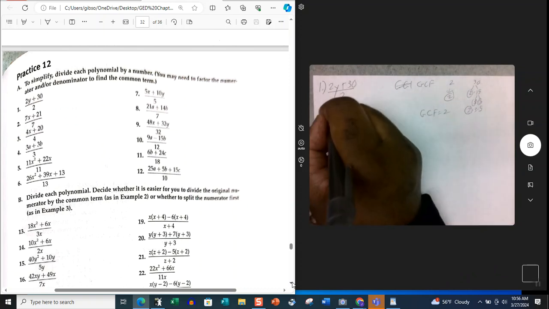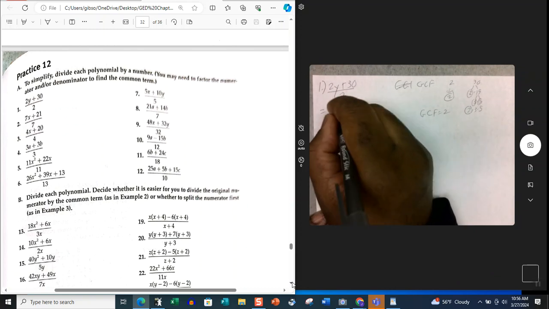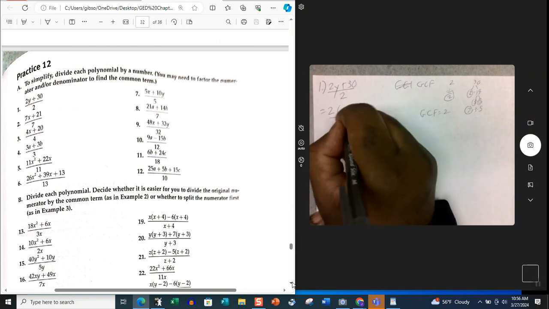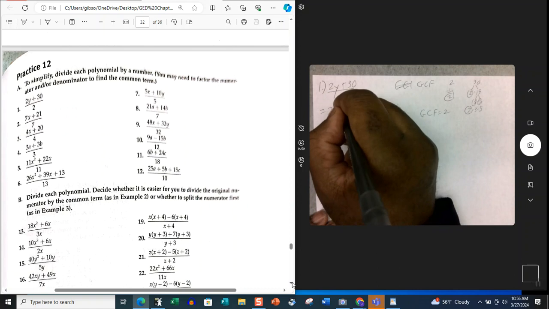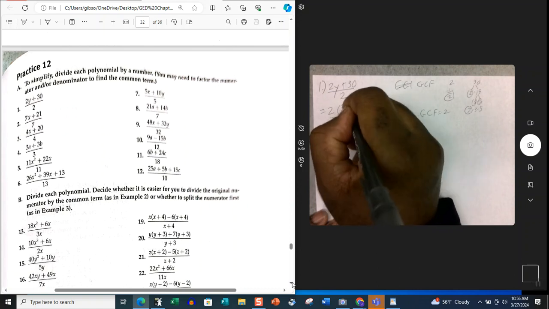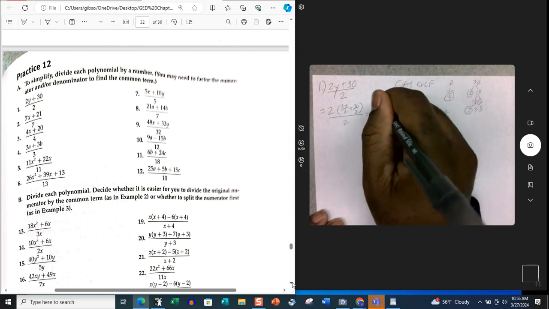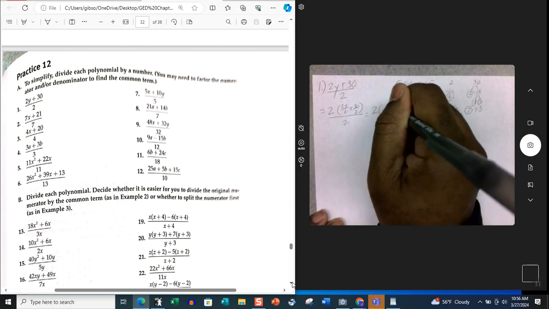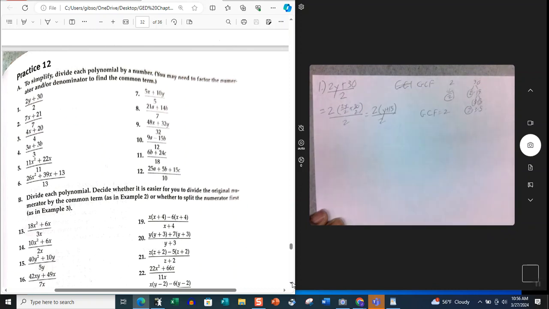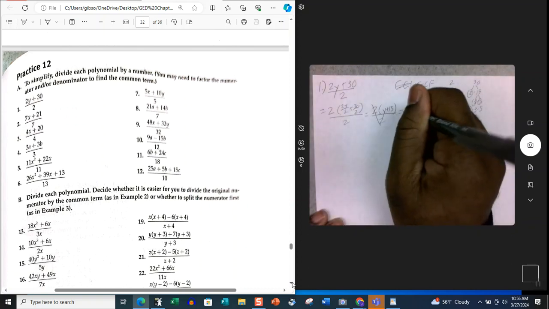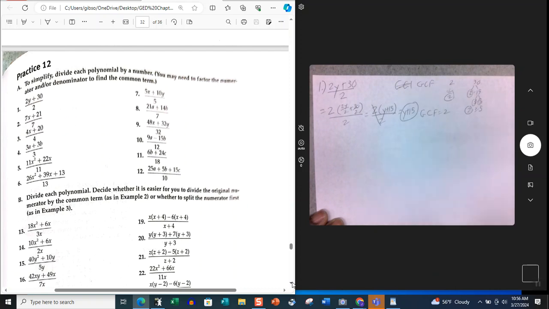So we will factor out a 2. And then remember, in our mind, that'll be 2y over 2 plus 30 over 2. So this will give us 2, and in parentheses, y plus 15 all over 2. These 2s will simplify out, and y plus 15 will be your final answer.